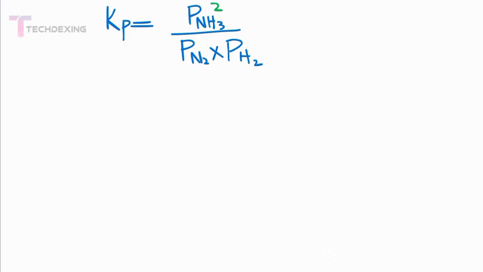Is it fine? No. What should be added more? It should be 3 above the P. Okay. One more difference in the Kp and Kc expression is that for Kp we write the square brackets, but in this case we have not written the square brackets. Got it?